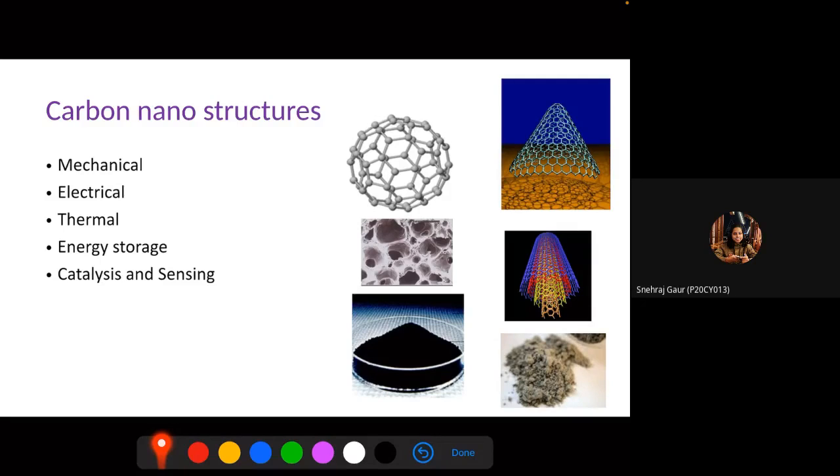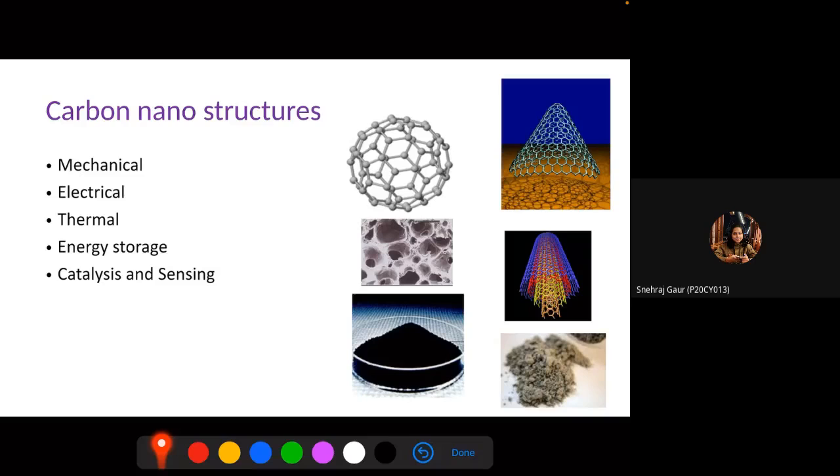So all forms of these carbon structures have very unique and different properties. In terms of their stiffness, their Young's modulus, their resistivity or conductivity, even the magnetism and optical properties, all are very distinct, and they can be used based on your application.